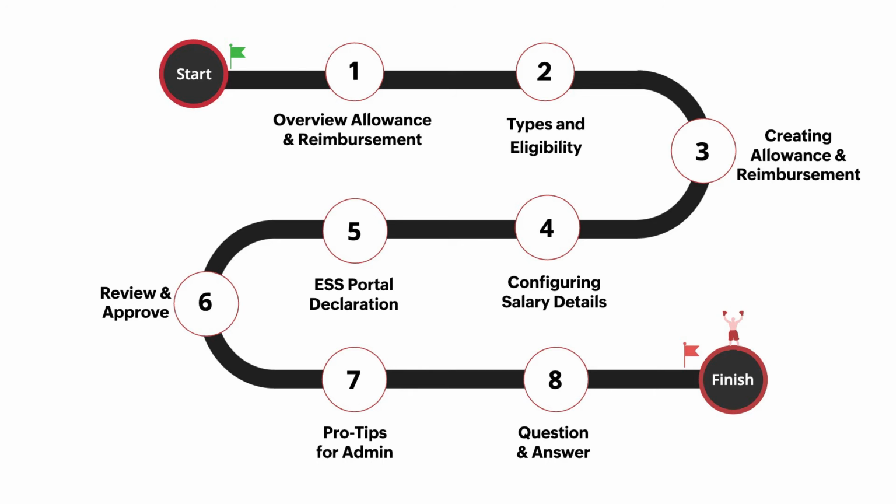And then we have seen how the IT declaration and the FBP allowance can be declared from the employee self-service portal. After the declaration, how the employer can view from the admin tool whether the FBP has been opted by the employee or not. And then we have seen how the reimbursement can be approved from the approvals tab. And we have given some pro tips for the admins on creating a component and how to associate it with your employees.